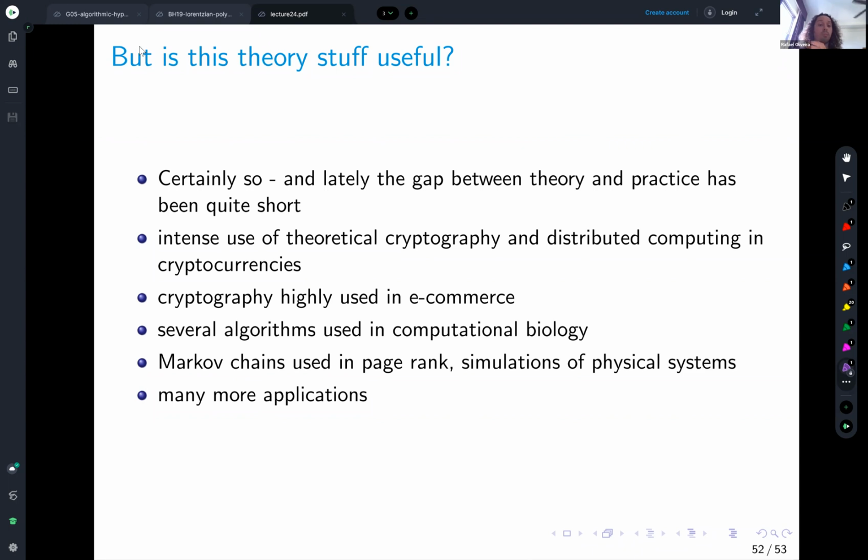There are many, many more applications. So this whole theory stuff that you learned already has a lot of applications. For example, even multiplicative weights update is used in learning theory and machine learning, in regret minimization problems. So all of this theory is not just pure theory. It's very useful and very concrete.